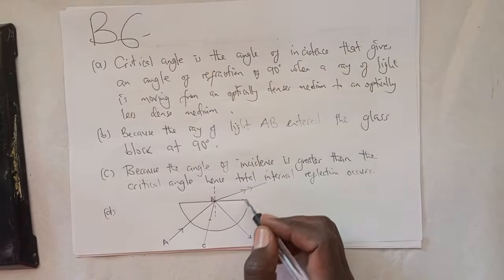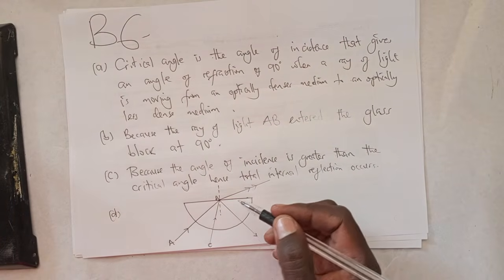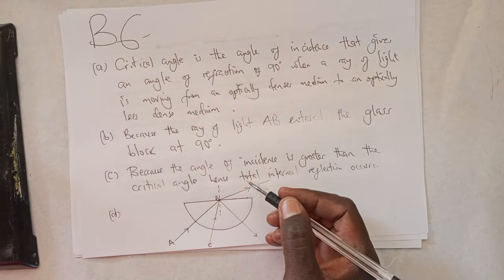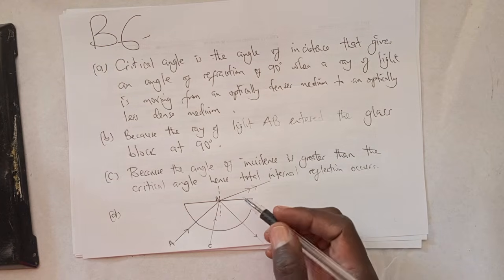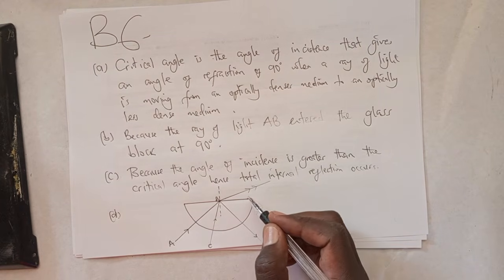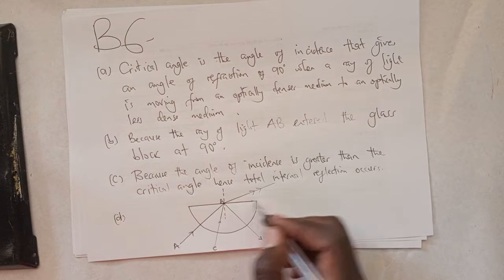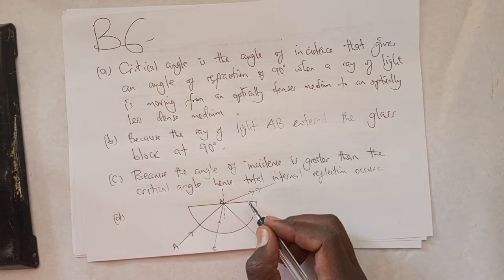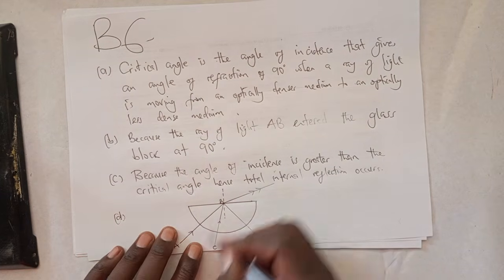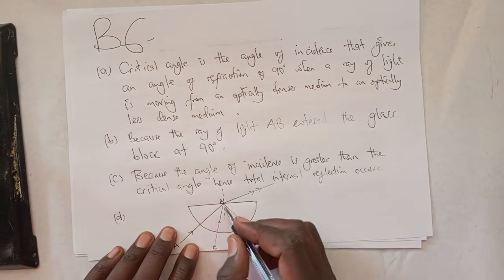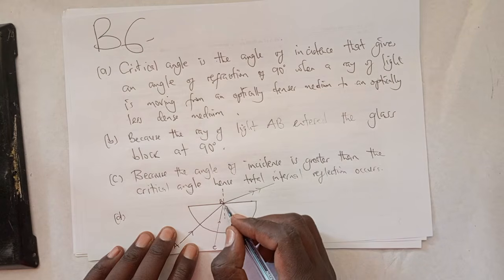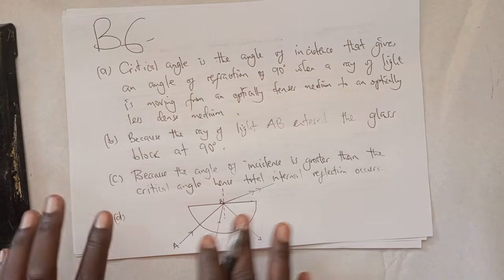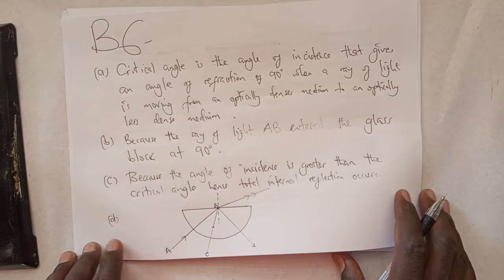What the examiner is going to mark is any correct refracted ray shown between the normal and the boundary of the glass block. Any normal and any correct refracted ray. You don't expect it to be close to the normal, but it should be away from the normal. Those are some of the things that you need to pay attention to.